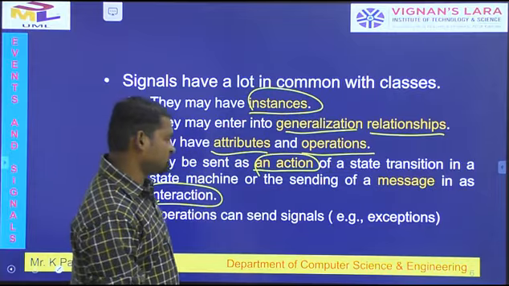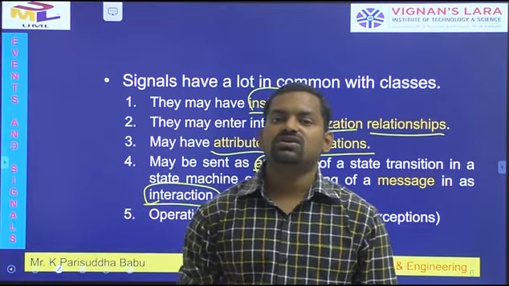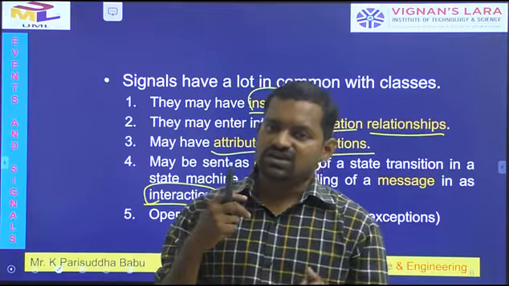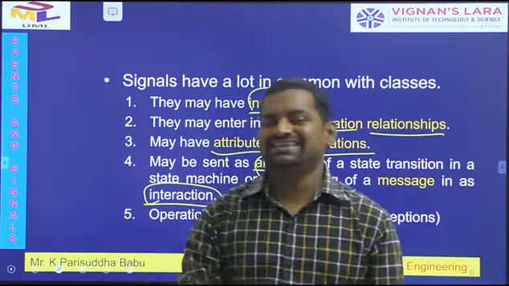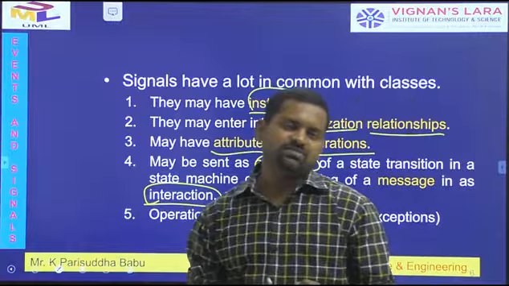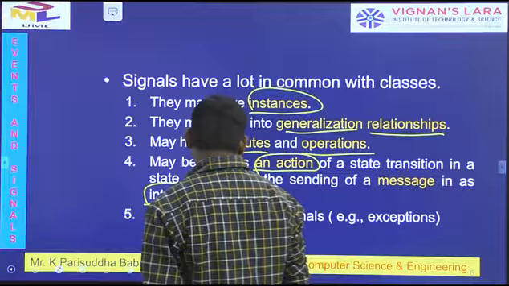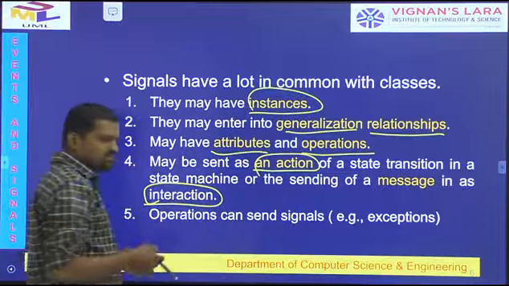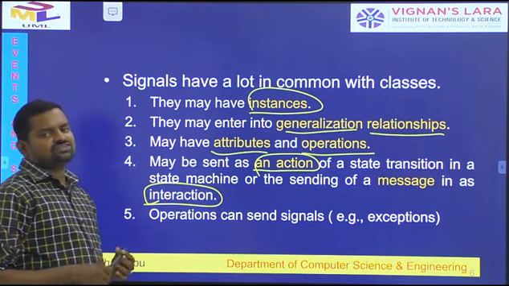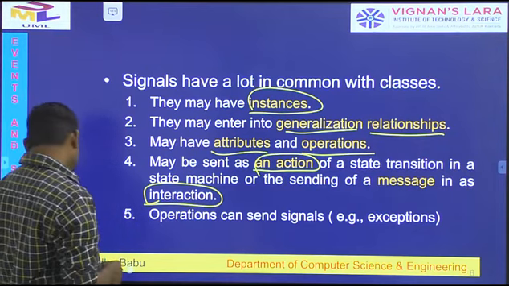For example, exceptions. There are a lot of things available in signals between the objects or instances. They may have generalization, relationships, attributes, and operations. In an interaction, that is, an object diagram, the messages passing are also signals.